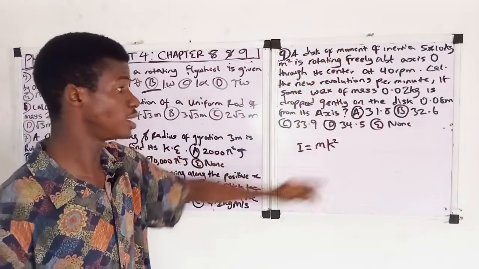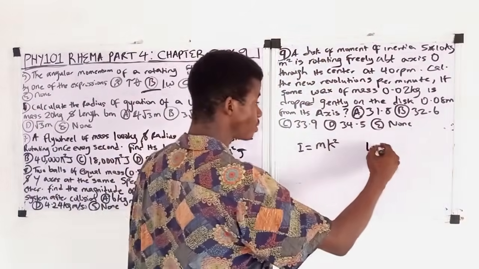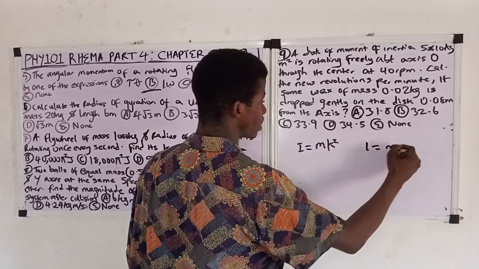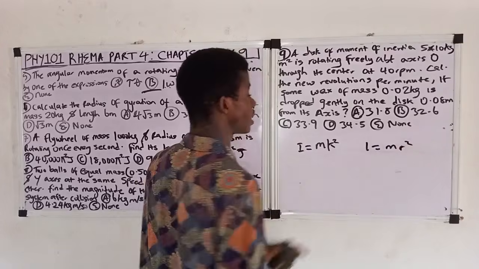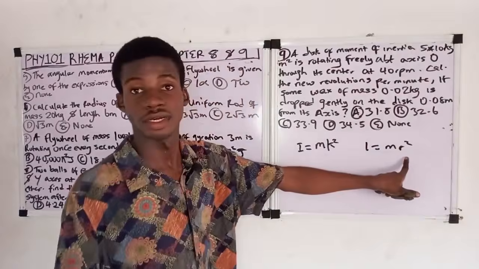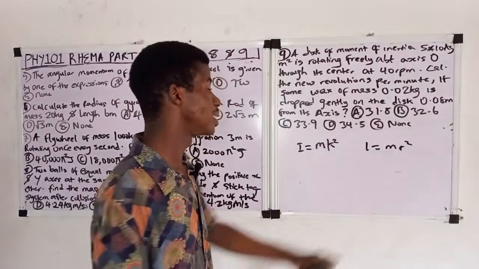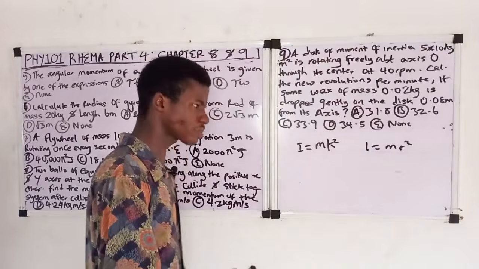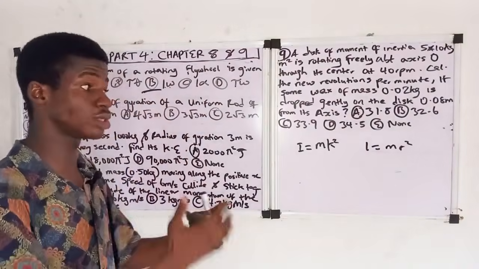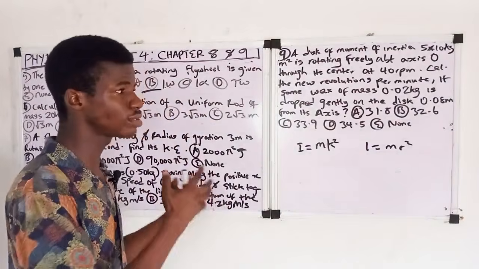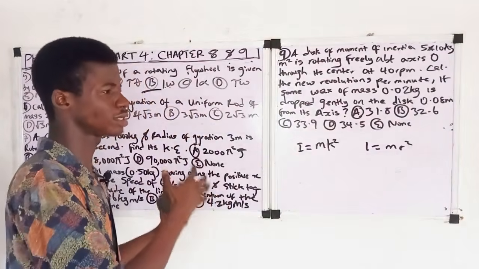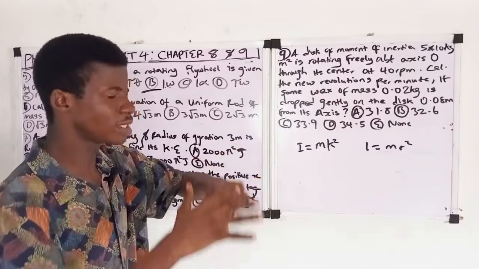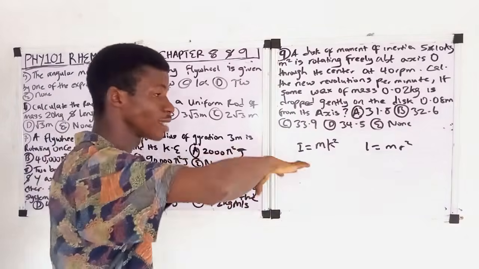We know that the moment of inertia equals mass times the square of the radius, right? Now there's what we call radius of gyration. It is usually a constant, I think a constant distance between the particles, but let's just continue.